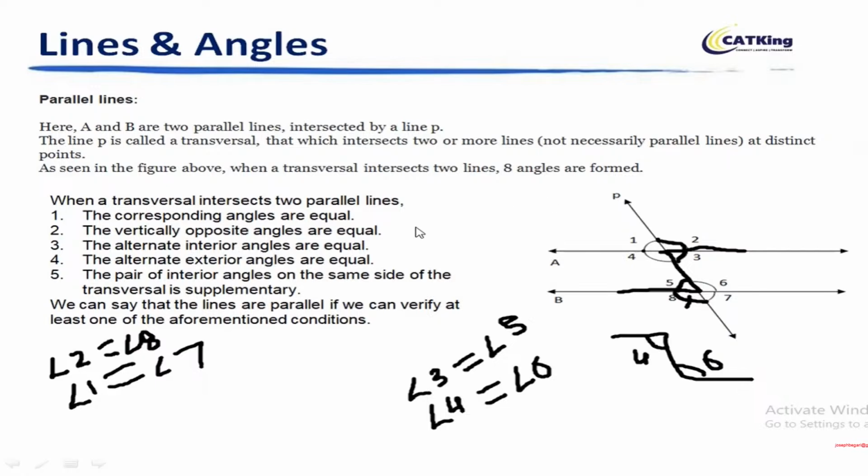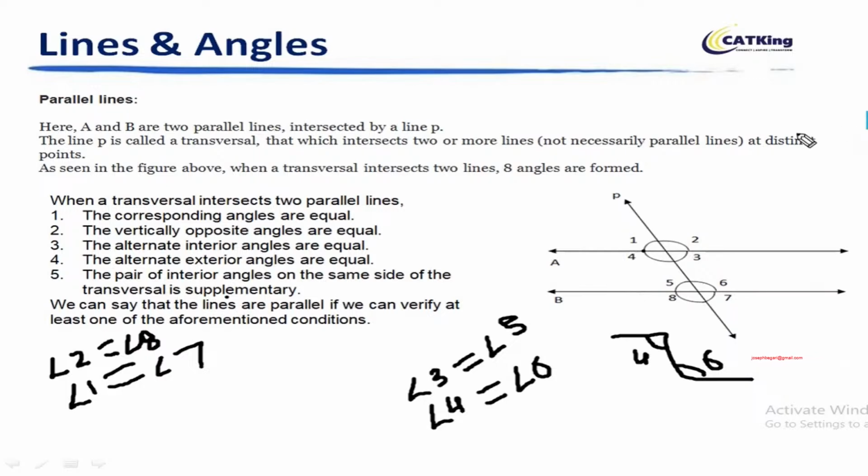So let's look at the final property of parallel lines and the transversal. The pair of interior angles on the same side of the transversal is supplementary. Okay. Let's understand what it wants to say. You already know the meaning of supplementary.